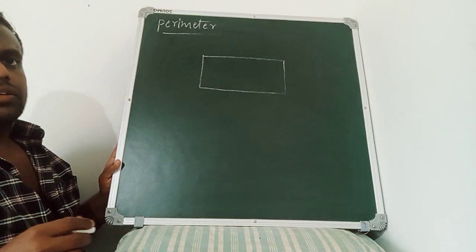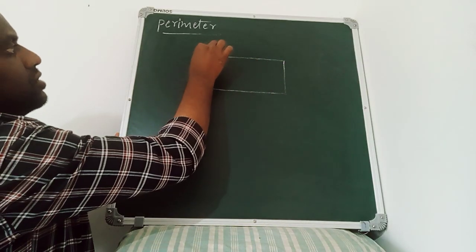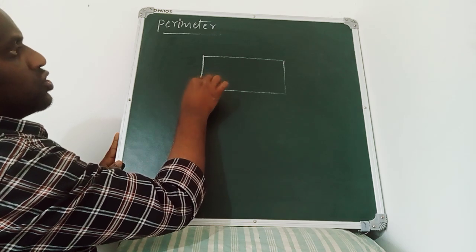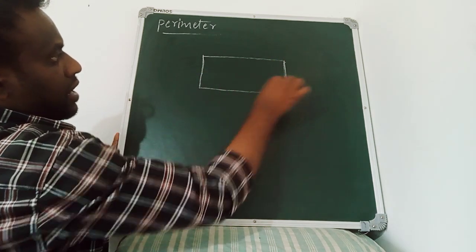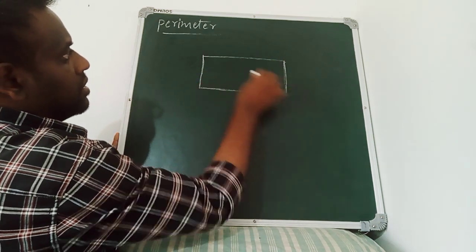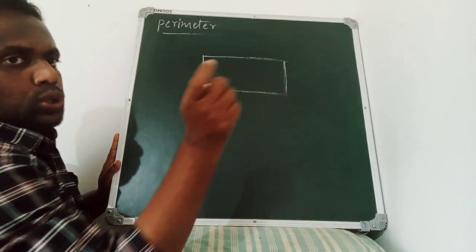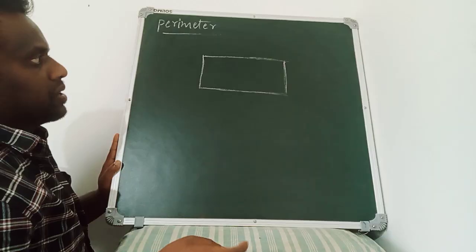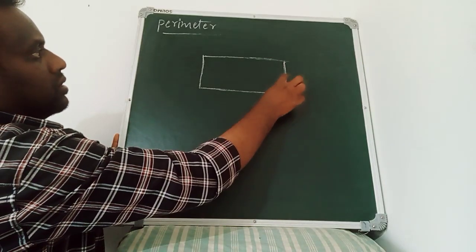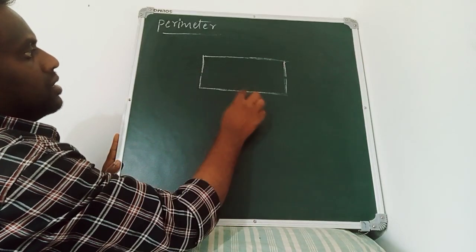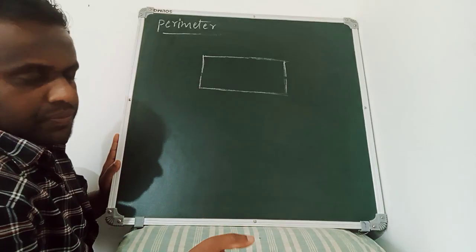Okay, this is a rectangle. This is one straight line, this is another straight line, and so on. Here, if you take two pairs, this and this is one pair, and this and this is the other pair.